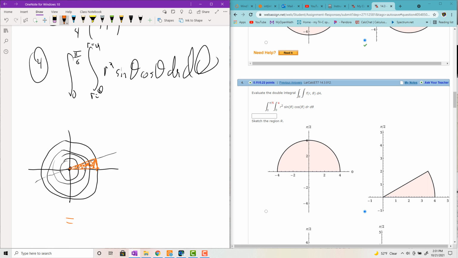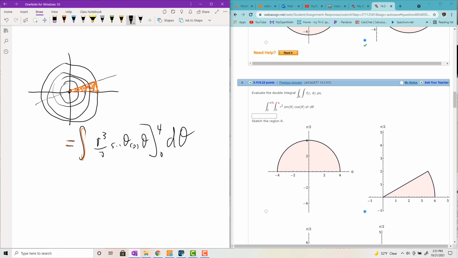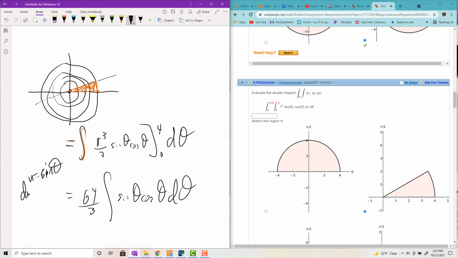Integrating it looks like an annoyance, but we'll do it anyways. First, with respect to r, it's r cubed over 3 sine theta cosine theta from 0 to 4 d theta, and then 64 thirds sine theta cosine theta d theta. Do a u sub on sine, so you don't have that negative cosine floating about.